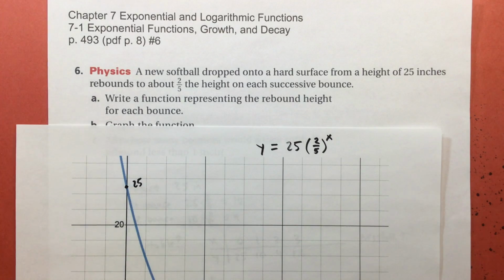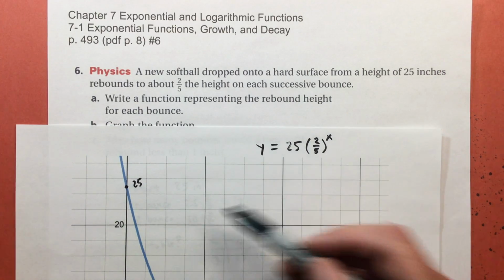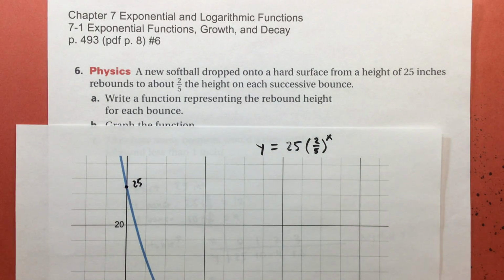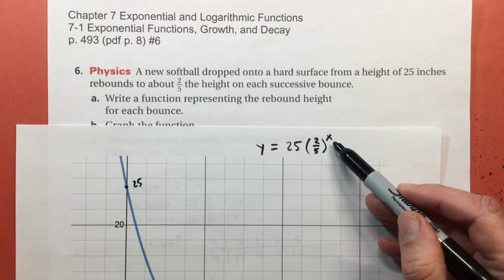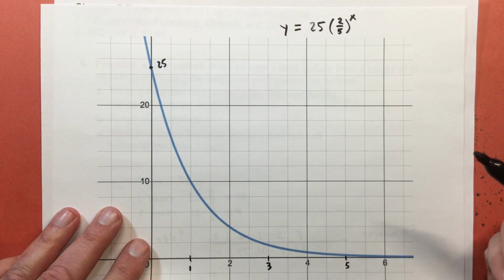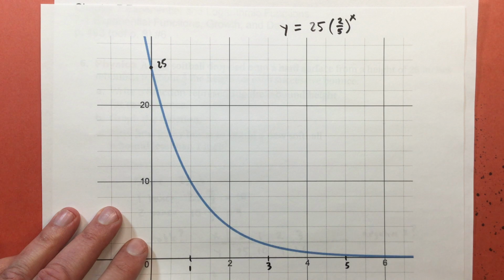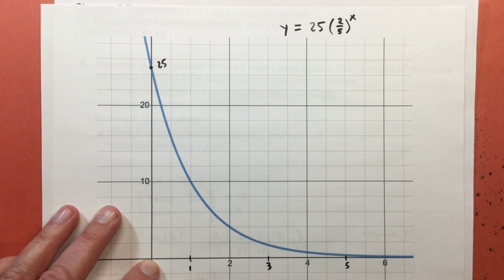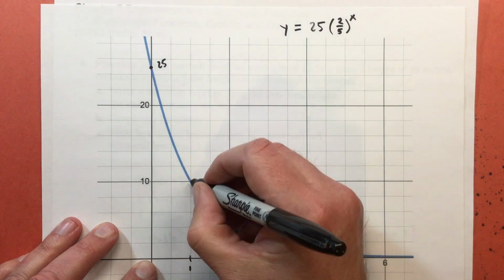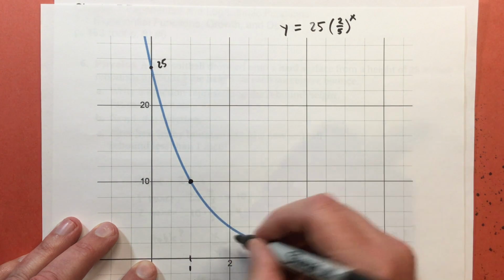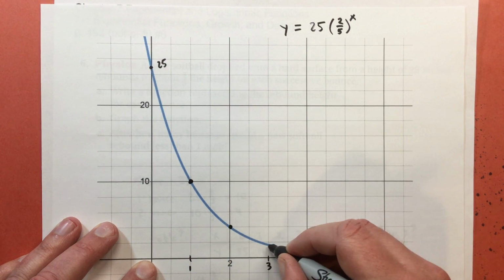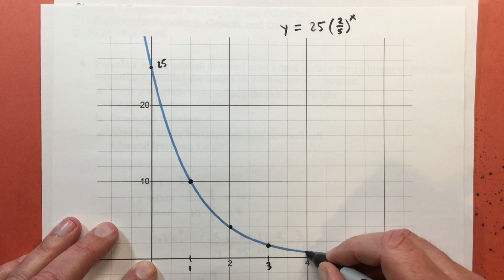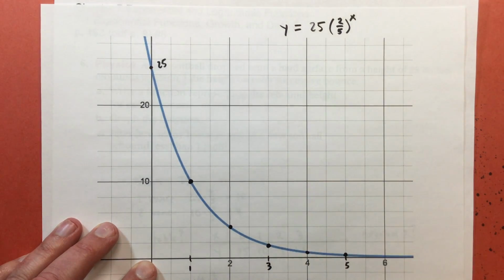The only thing is that when I type this into Desmos, I get this function, because Desmos is okay with letting x be fractions. I'll move that up so you can see it. But we know that it's not really that way. So I only get these points. Like that.